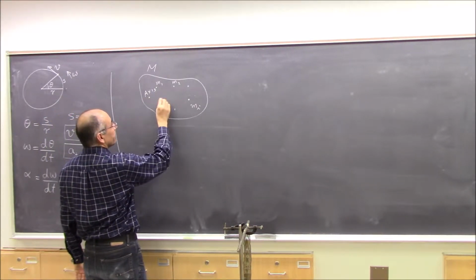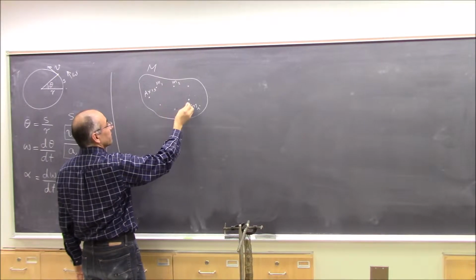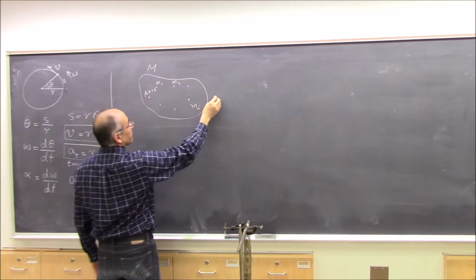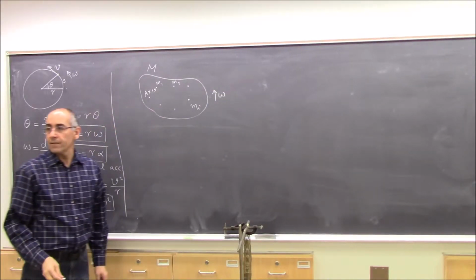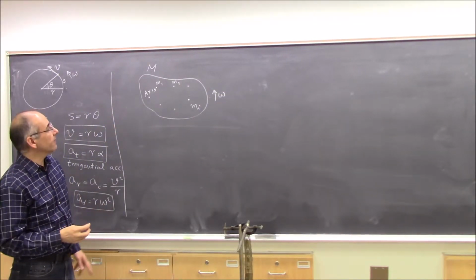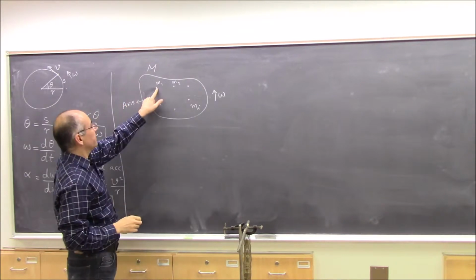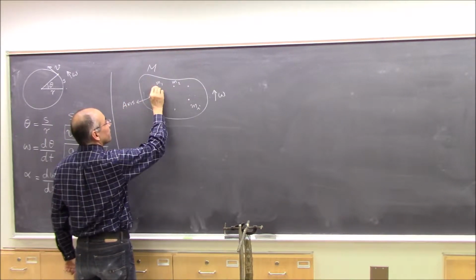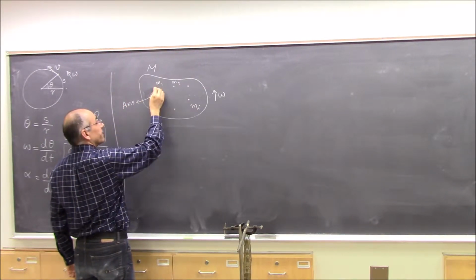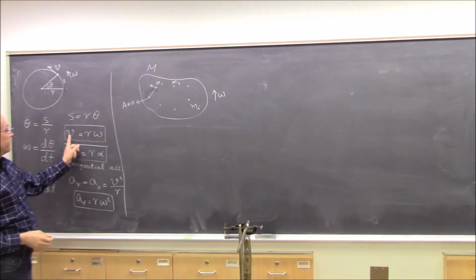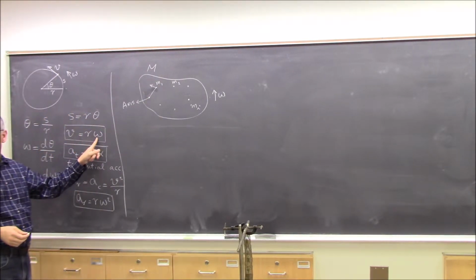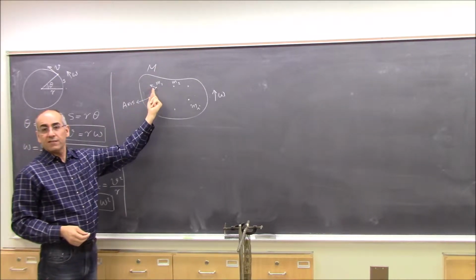Each particle is moving because of the rotation, at angular speed omega. The whole thing moves at the same angular speed. This particle is closer and moves perpendicular to the radial distance, and its speed is r times omega. If r is small, the speed is small.